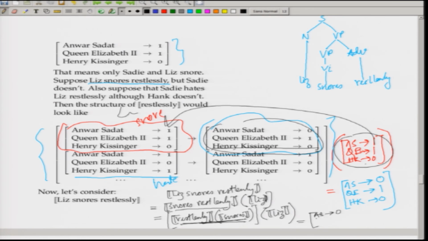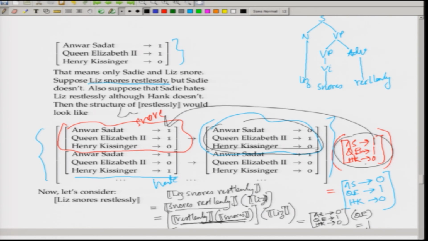AES goes to 0 and QE goes to 1 and HK goes to 0 anyway. Then that function takes Liz, the denotation of Liz, which is actually QE, and the result is 1.